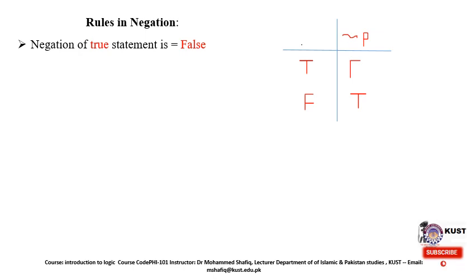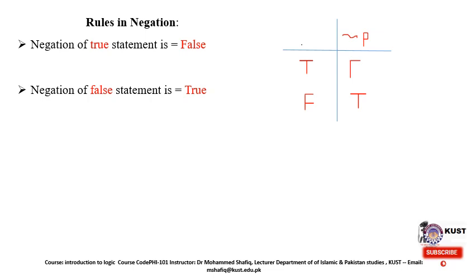For negation, we normally use this curl or tilde before the letter. The rule in negation while using a truth table is: the negation of a true statement is false.